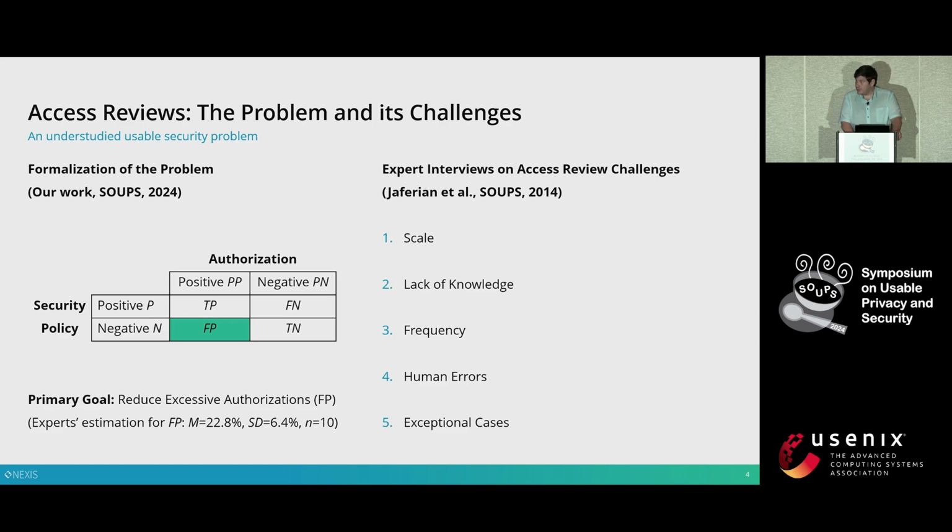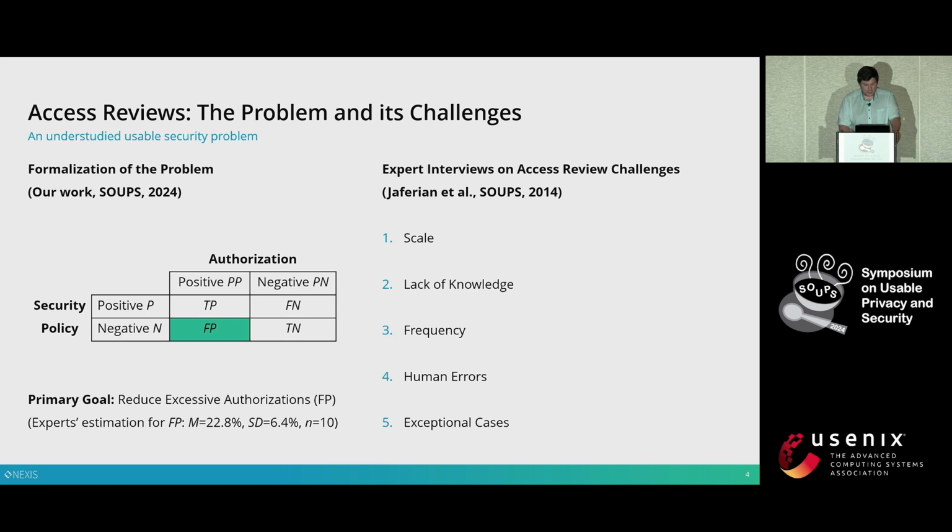Fourth, human errors. Since this is a process which is driven by human deciders, human errors are common. Imagine a manager who has to decide over the access of his employees. Maybe he doesn't really have time for it, and he does it on a Friday afternoon.